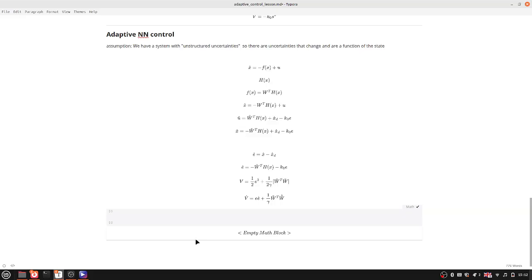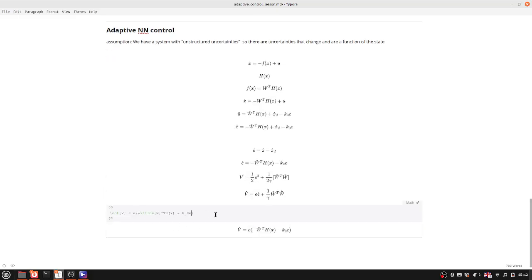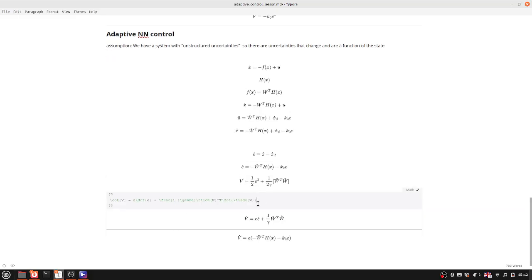First thing we want to do is substitute in our E dot, so it's going to be E multiplied by, well, let's have a look what E dot was, here it is, substitute that in there, and this second part is unchanged for now.